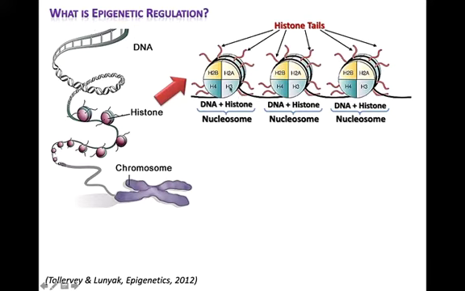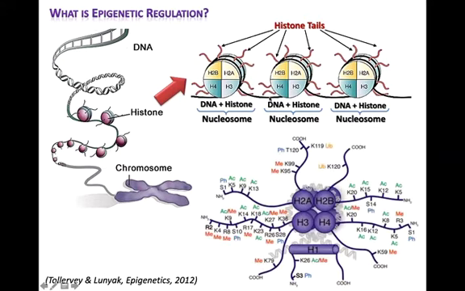From each one of these core histones, the amino acid sequence has a tail of amino acids. We call it histone tails. So you can see the structure of the nucleosome, connected to each other by DNA.